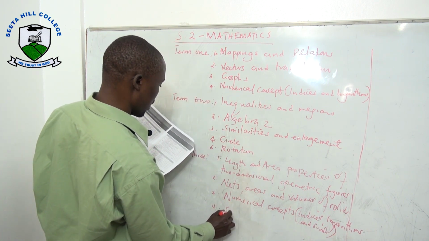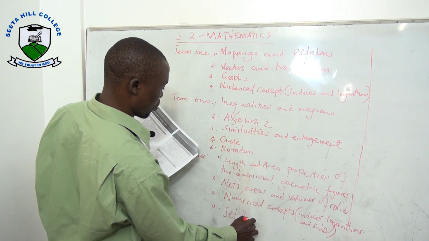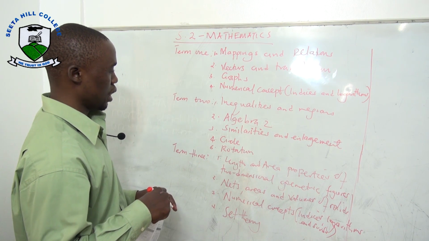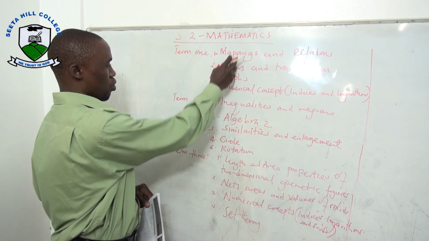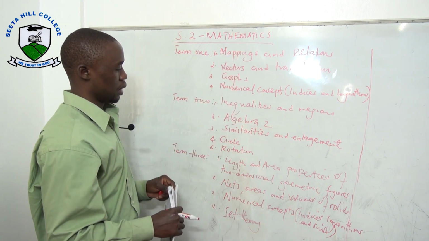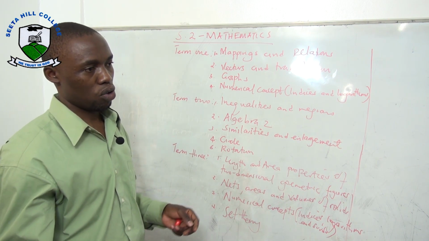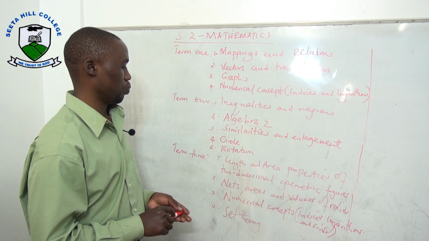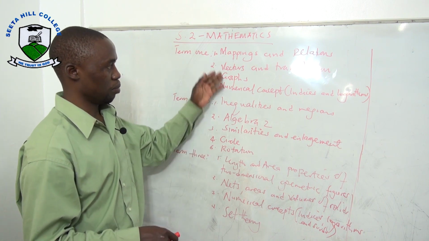Then lastly, set theory. Sets, that's all about sets. That means by the time you count, there are around 13 topics of senior 2. This is quite a lot of work.